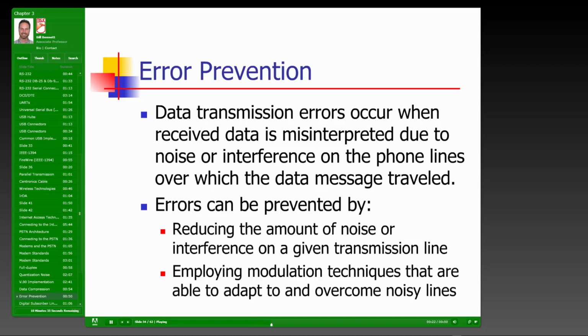Errors can be prevented by reducing the amount of noise or interference on a given transmission line, or by employing modulation techniques that are able to adapt and overcome noisy lines. That's pretty much something that's going to be dealt with on the telecommunications end, although within the modems they did employ modulation techniques to help overcome the noisy lines and help prevent errors from occurring.